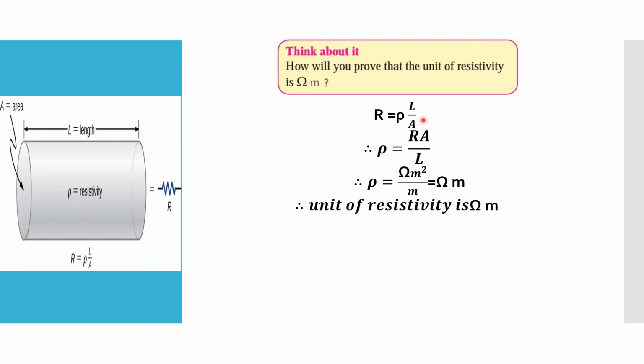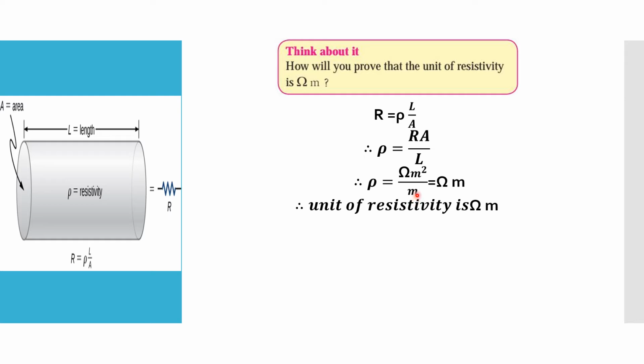Then L and A can be shifted to this side and we can write rho is equal to R into capital A upon capital L. Now, in this formula, replace their units. Unit for R is ohm, unit for area is square meter and unit for length is meter.